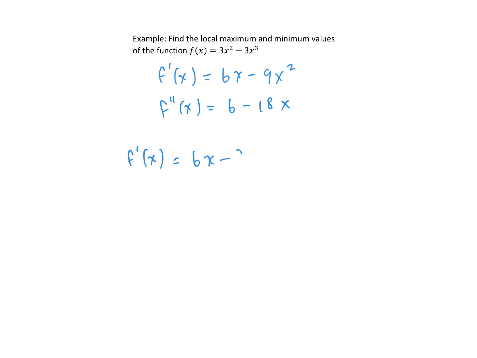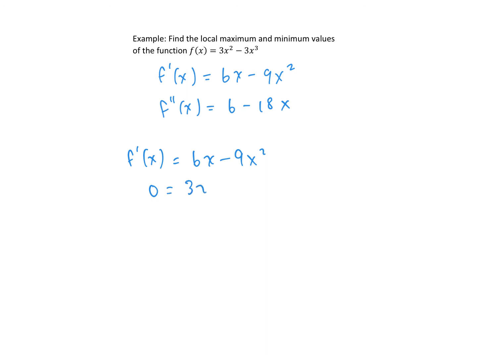Okay, we'll do one more here. So we'll do f prime of x. And then we'll do f double prime. And we'll take our first derivative and we'll set it equal to 0 to find those critical numbers.